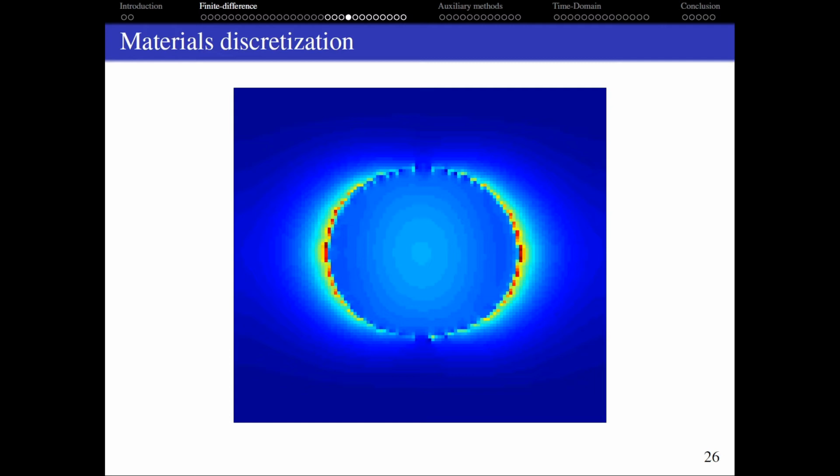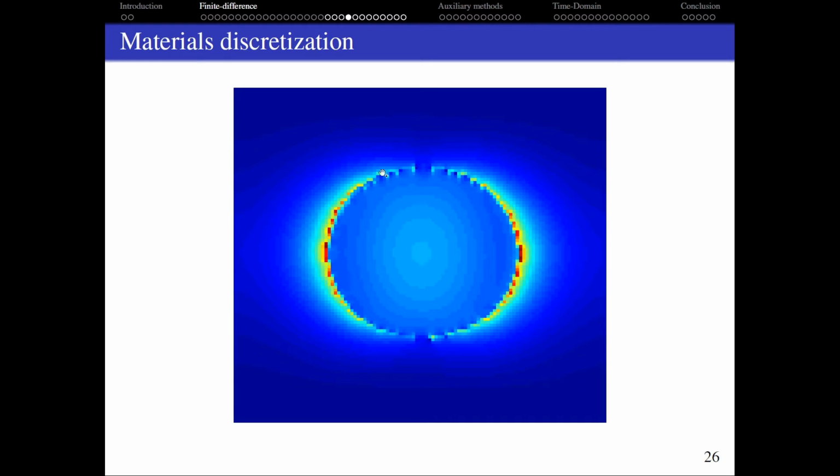There is another issue in our discrete world, is that all our structures are going to be discretized. So here is an example. This is a particle that has been discretized, and this is the field that has been computed around it.